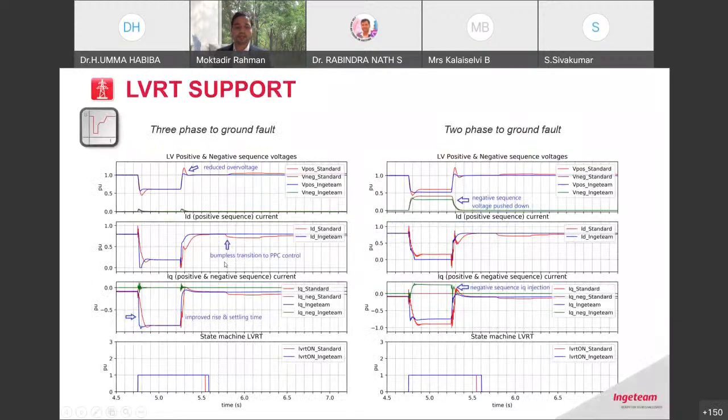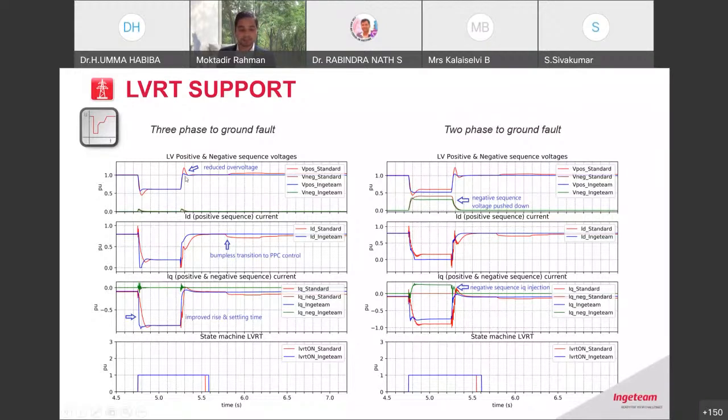For example, here is LV support. As you can see, this is a three-phase fault, a two-phase fault, and a ground fault. For large scale solar or PV, or wind, when you have a three-phase fault, the red one is a normal inverter concept, and the blue one is the inverter manufactured by the India team.